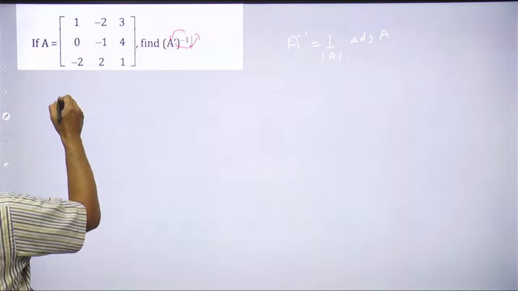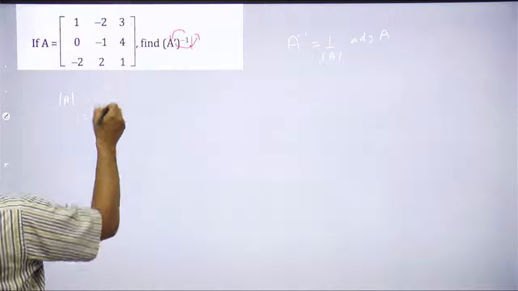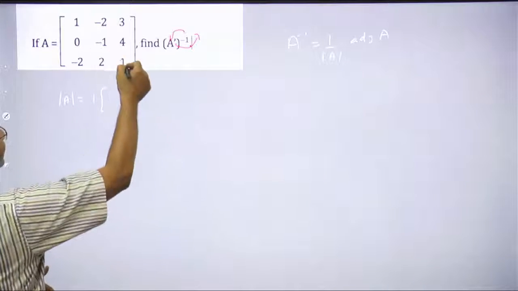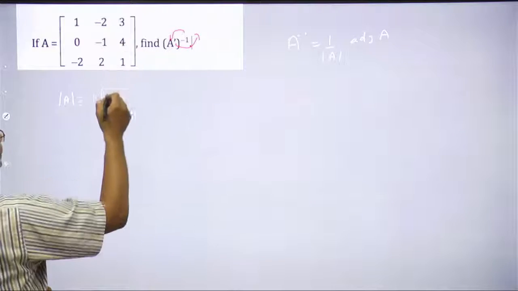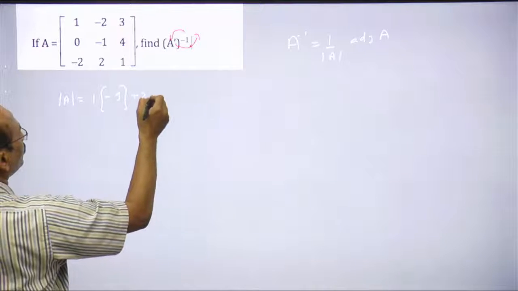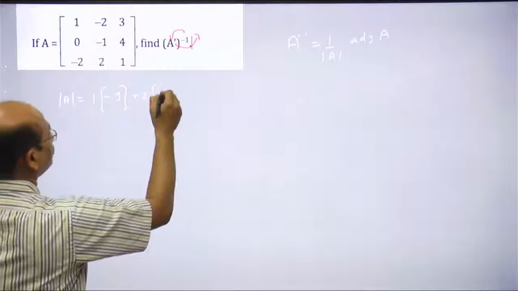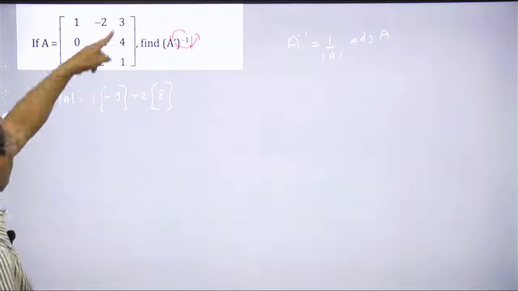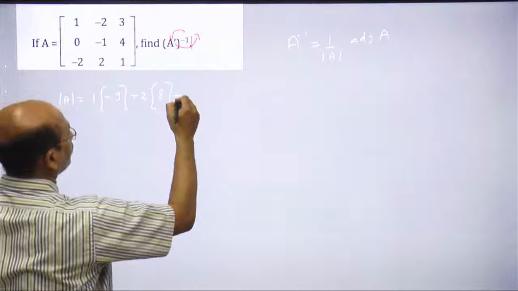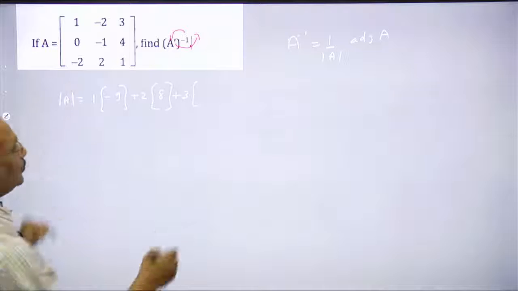So determinant A. You know how to evaluate the determinant. 1 into (minus 8 minus 9), minus of minus 12 is plus 2, into (0 plus 8), plus 3 into (0 minus 2).